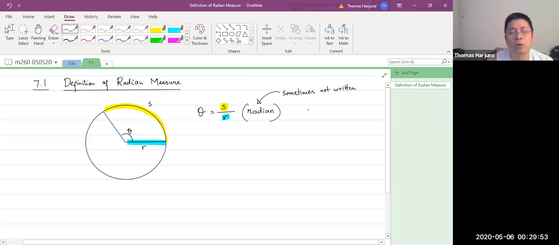So when we say sine 2, that statement is the same as sine 2 radian. Theta equals 2, because I don't use any notation, it means it is in radian.